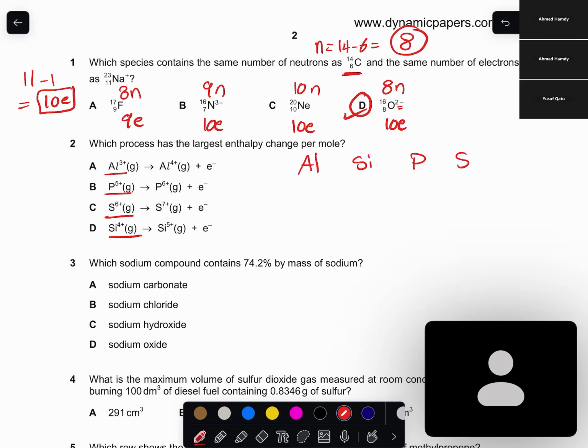Okay? Aluminum 3, phosphorus 5, sulfur 6, silicon 4, all of them contain 2 shells after the starting ion. Okay, and we will remove the electron from the new shell, from the second shell.